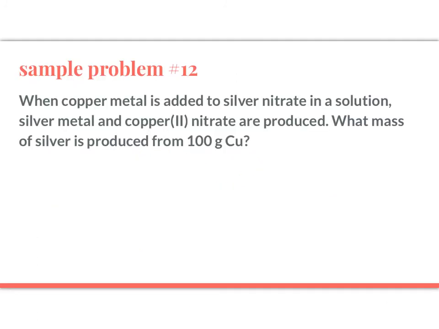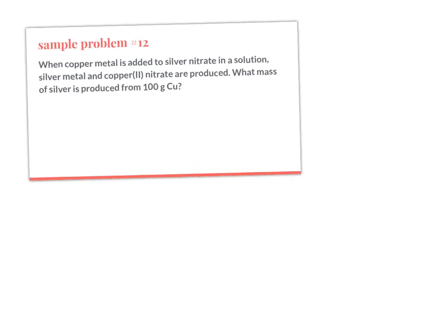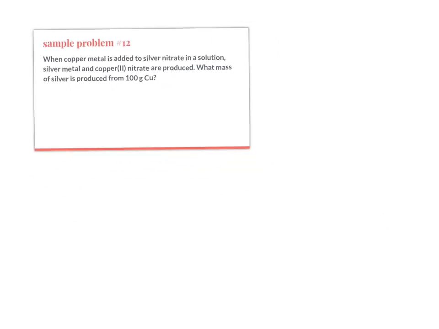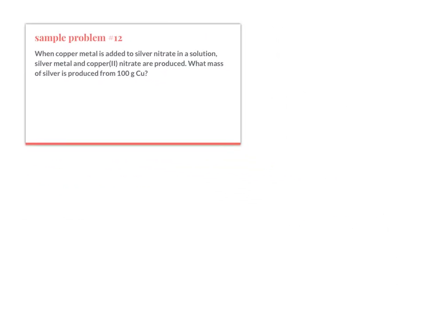Okay, sample problem 12, which you also have to write out. It says, and I didn't give you the equation for this one. Okay, it says when copper metal is added to silver nitrate in a solution, silver metal and copper 2 nitrate are produced. What is the mass of silver produced from 100 grams of copper? So first, let's get the equation.